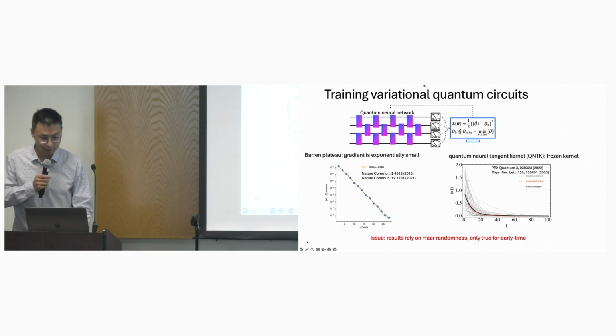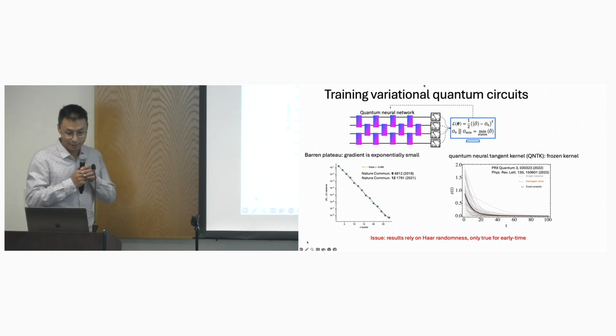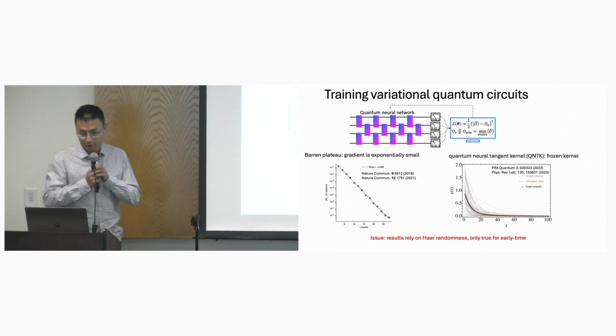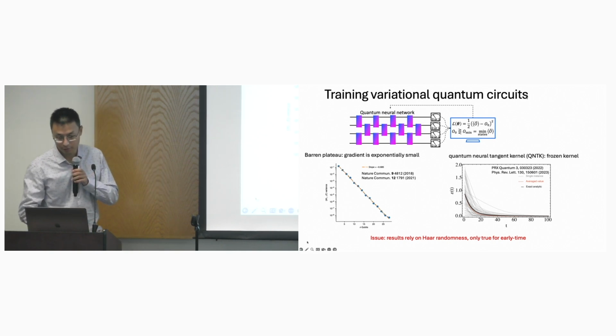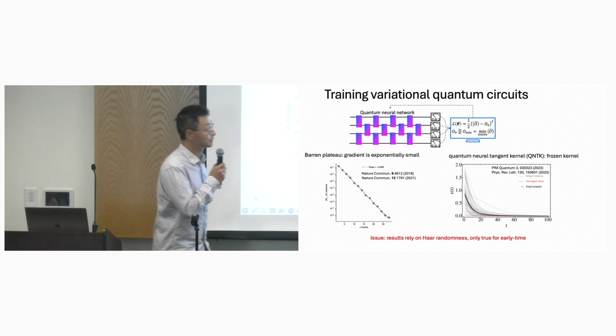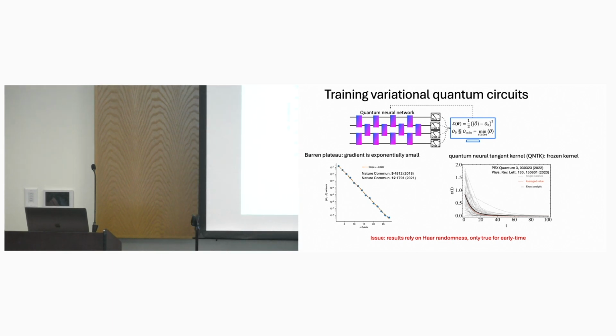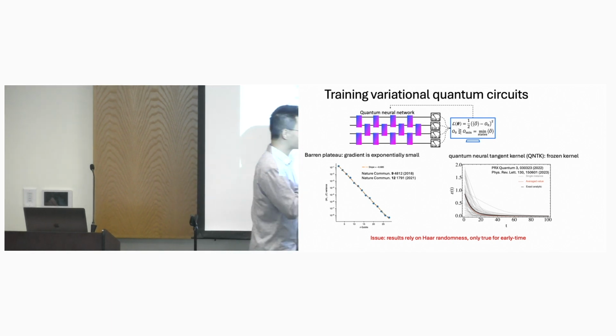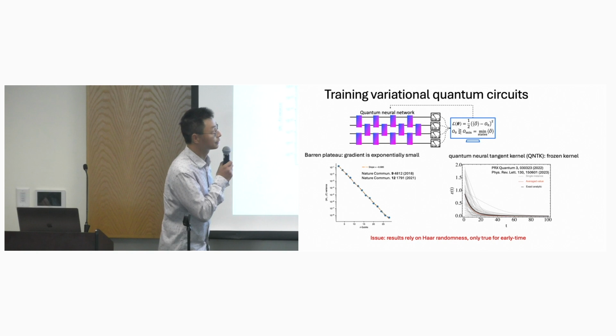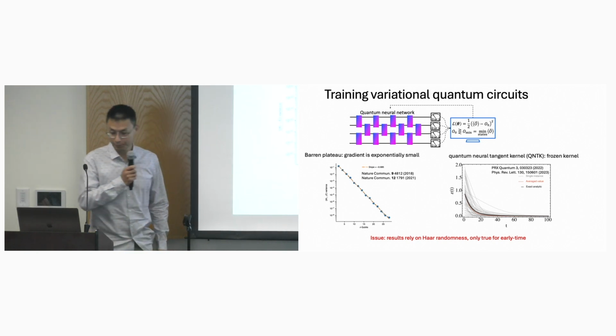On the other hand, assuming that your random initialization, you can also show that the error of this training problem is going to decay exponentially as time goes on. This is the result from this quantum neural tangent kernel, which they call frozen-kernel phase of training.